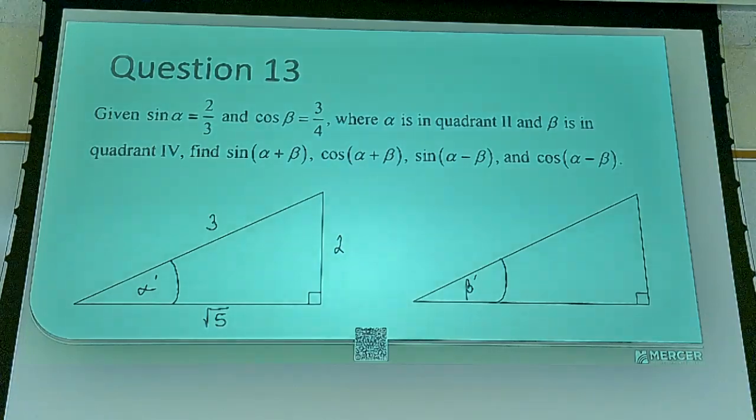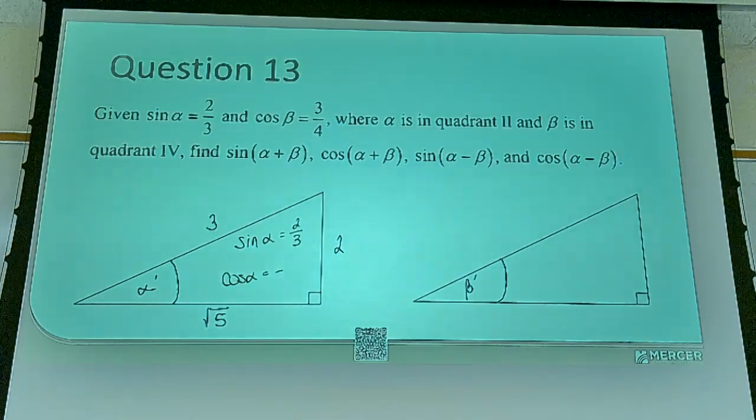And let's just do this now. Alpha's in quadrant 2. Is cosine positive or negative in quadrant 2? Negative. So cosine of alpha is going to be negative cosine of alpha prime.